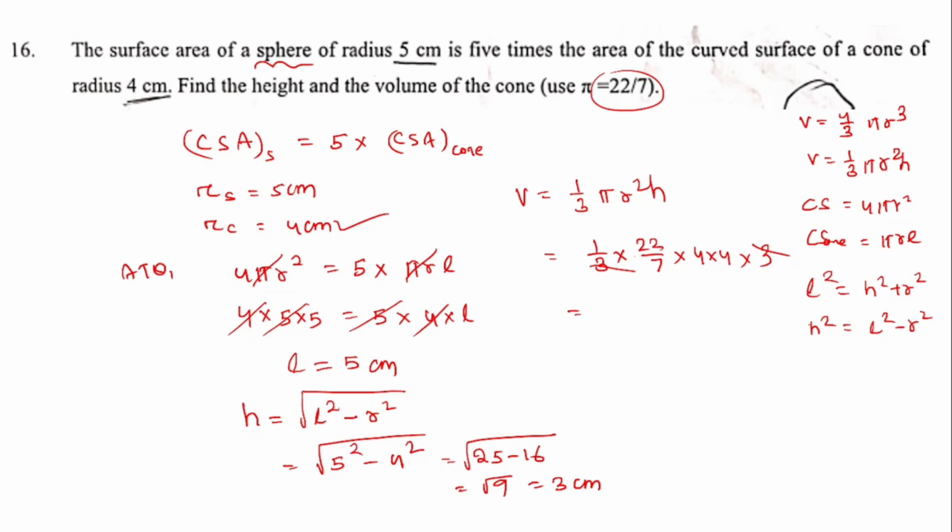So now multiply. 4 fours are 16, and 22 times 4 is 88, again 4 times 88 is 352. So 352 divided by 7 centimeter cube. Also we convert it into decimal.